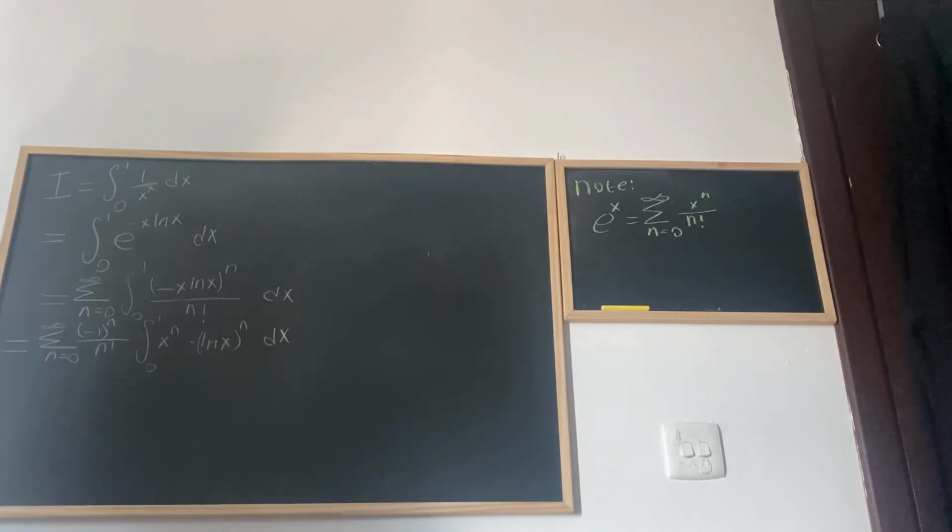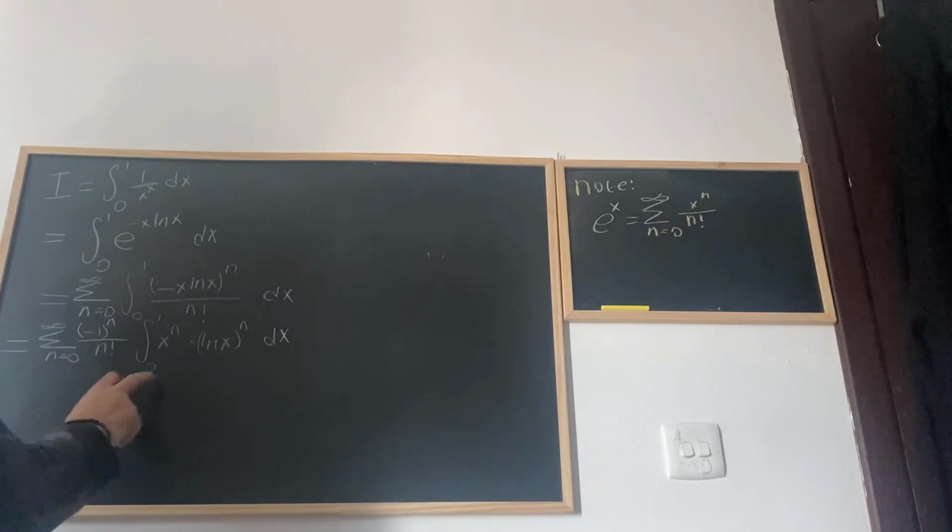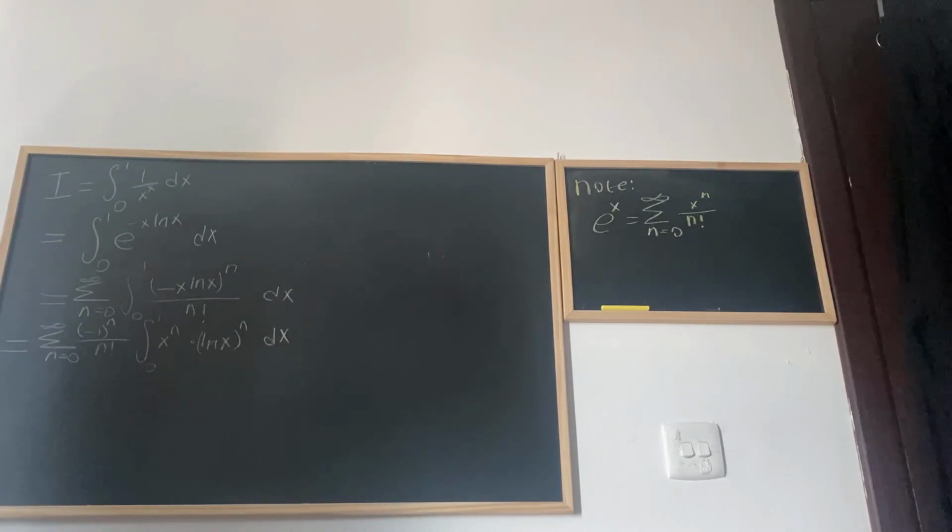Okay? This is our new thing. Now remember, I said we don't want that n factorial in our final answer. So we want to get rid of this integral and the n factorial. We can knock down two birds with one stone, and I'll show you how right now.